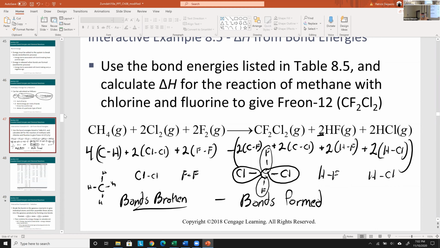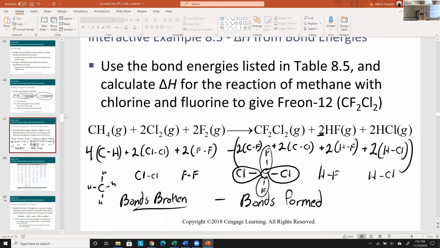You multiply it by the coefficient of each of the reactants. I see what you're getting at. There's 5 molecules. Yeah, so I think you end up getting the same thing.